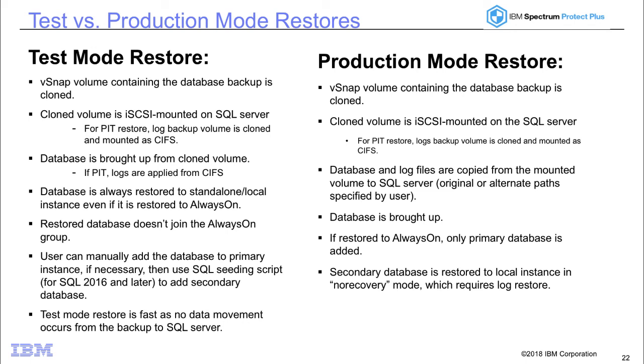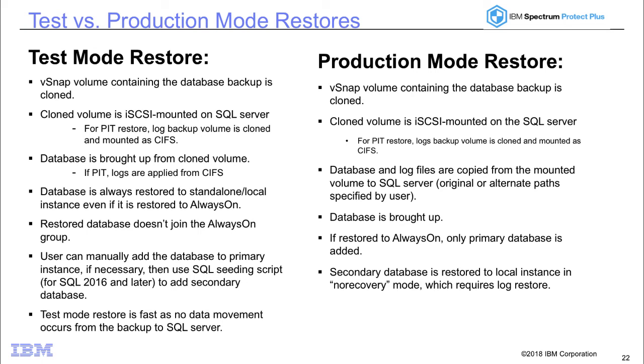With a production mode restore, however, the VSnap volume containing the database backup is going to be cloned. The cloned volume is iSCSI mounted to the SQL Server, and then the database log files are going to be copied from the mounted volume to the SQL Server virtual machine or physical machine.